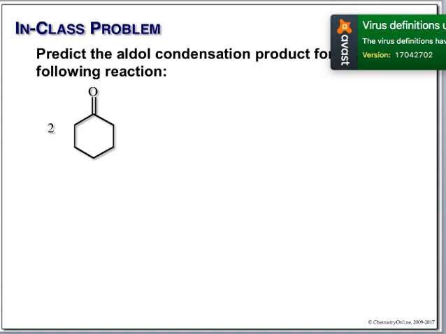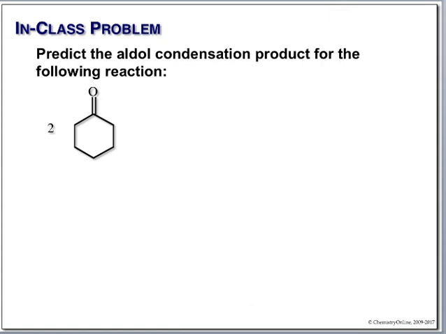Draw the enolate anion. Take the enolate anion, attack with the alpha carbon on this carbonyl of another mole, put a hydrogen on it.